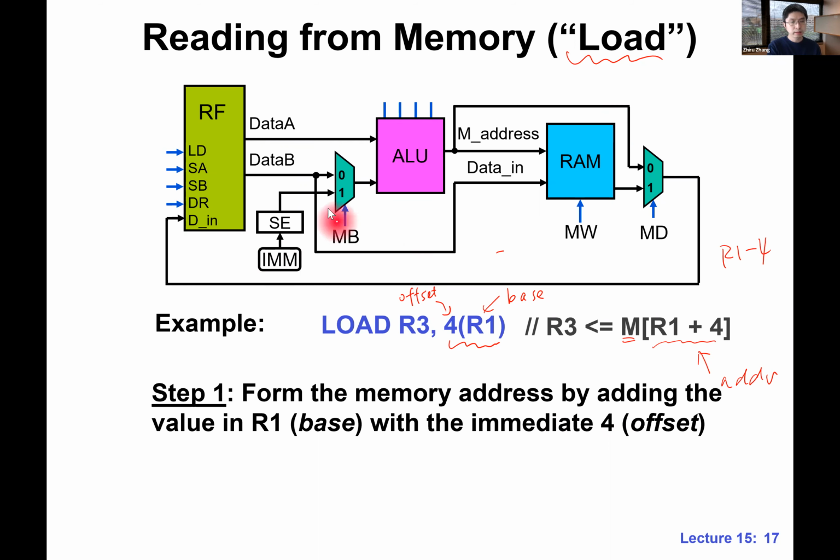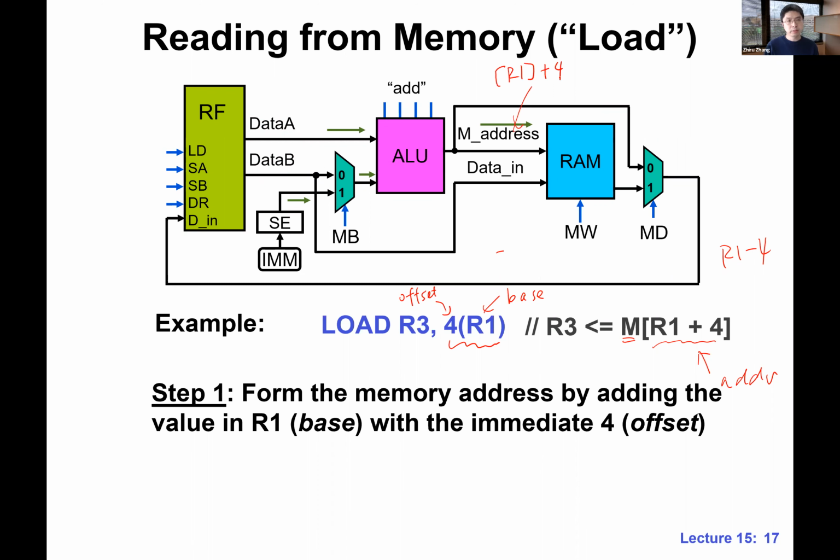We sign extend and add with the register value. We grab the value of R1 using data A, this port. That's how we get the address. We do addition and get the complete address here. To be more precise, this is really the value of R1 plus 4.